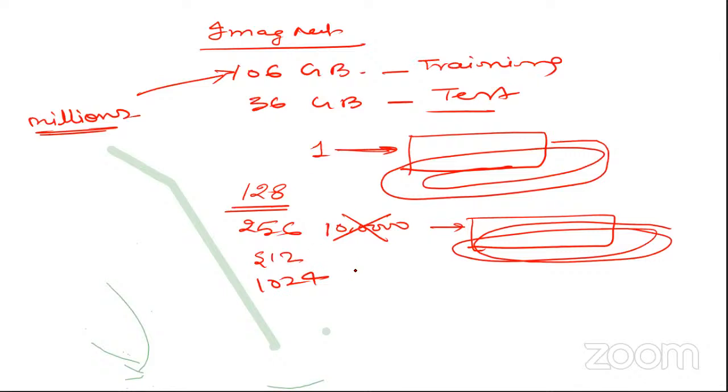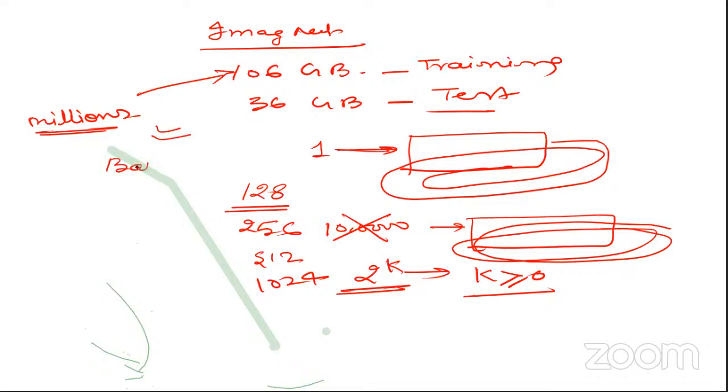The size of the batch should be 2 power k, where k is greater than or equal to 0. So you can pass an individual sample, or 1, 2, 4, 8, 16. Based on the memory, you decide the size of the batch.